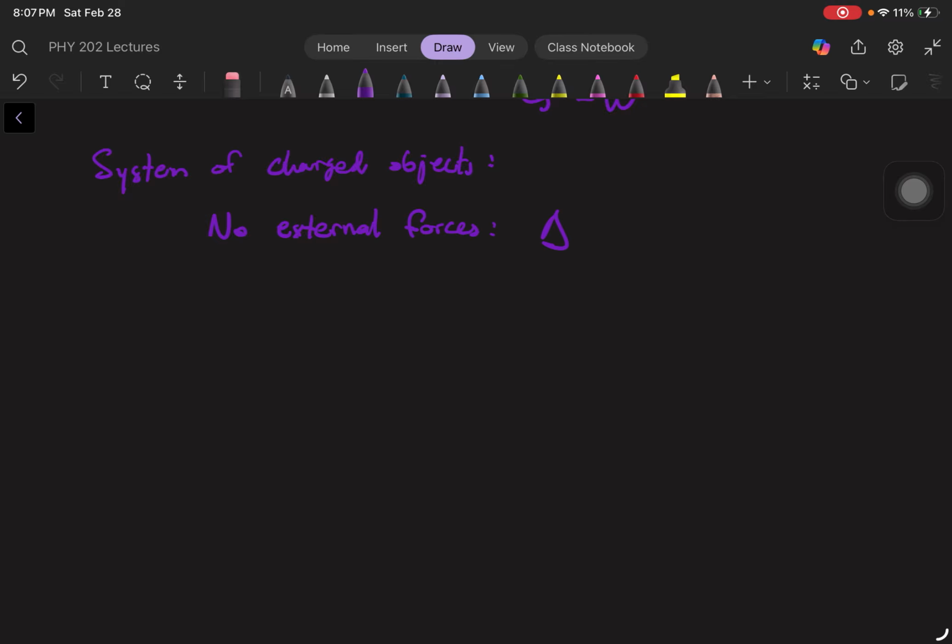And so we could say delta K system plus delta U in the system is equal to 0, right? So 0 work is done by the surroundings, right?